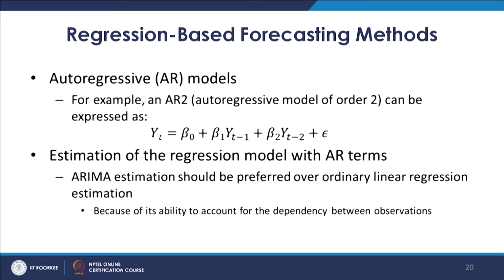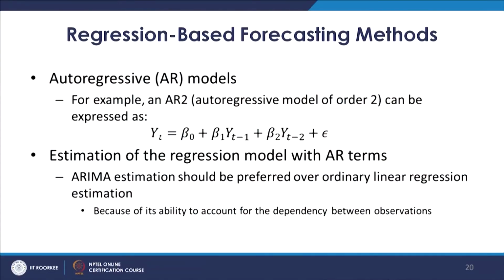The reason is also something that we have discussed before, its ability to account for the dependency between observations. If we use OLS regression, the estimates that we compute would be based on the assumption that observations or cases are independent. But if we use the ARIMA estimation method, it accounts for this dependency, and therefore the estimates can be more accurate.